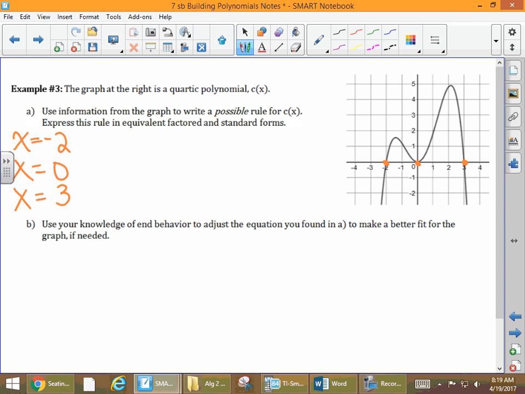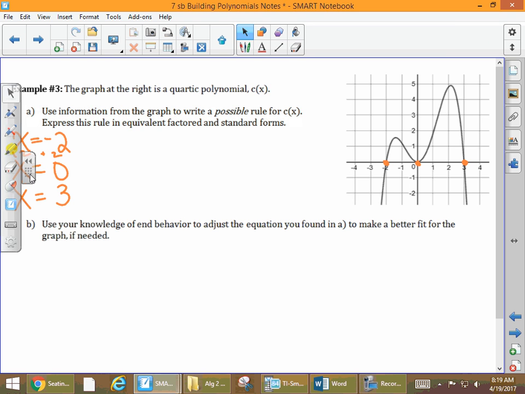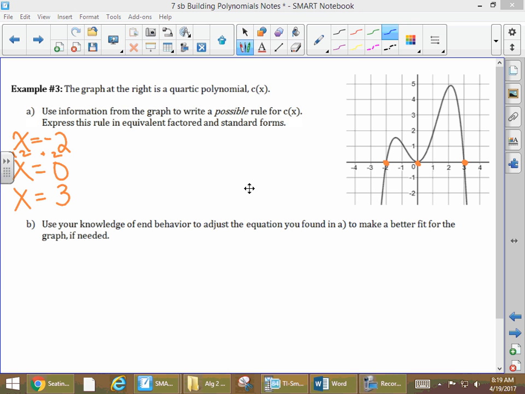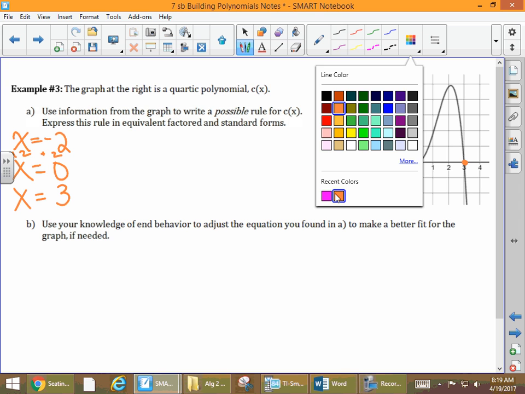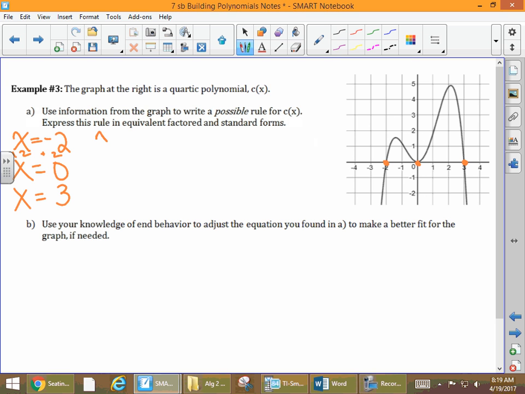So once we've got that, and I didn't do very well on my space here, but what we can do is we can add 2 to both sides. And when we add 2 to both sides, that's going to give us our factored form here, which is going to be x plus 2.